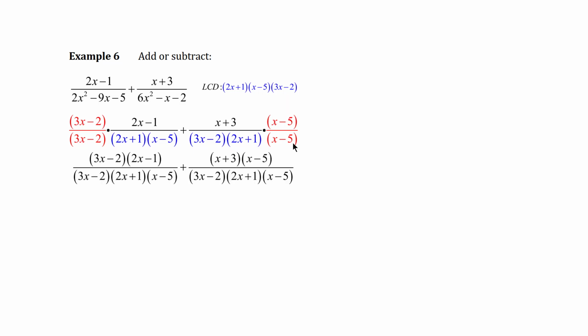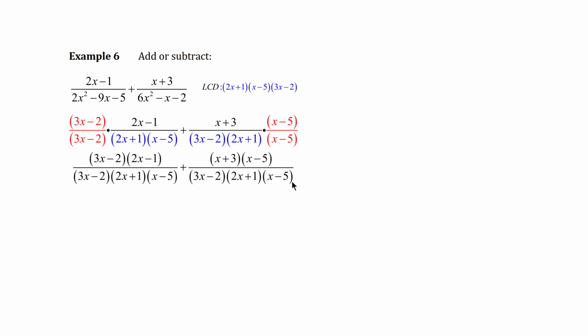The result after doing the multiplication for both fractions is parentheses 3x minus 2 times parentheses 2x minus 1 divided by parentheses 3x minus 2 times parentheses 2x plus 1 times parentheses x minus 5 plus parentheses x plus 3 times parentheses x minus 5 divided by parentheses 3x minus 2 times parentheses 2x plus 1 times parentheses x minus 5.